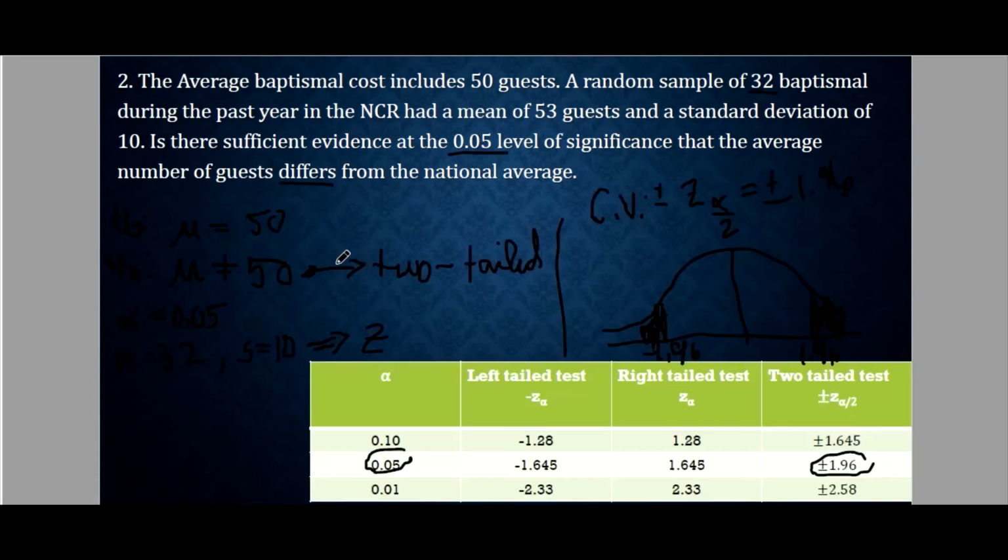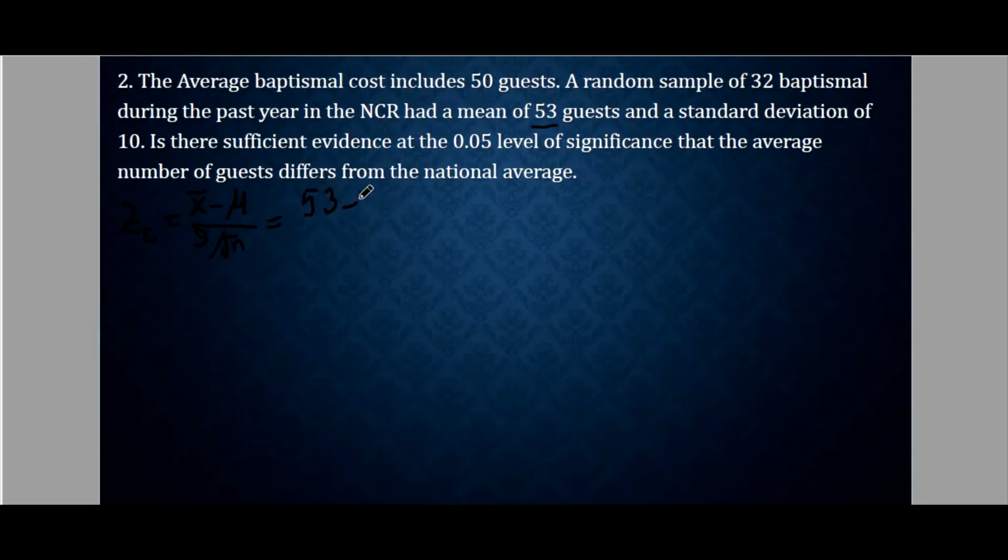And our mu that is used in the null hypothesis is 50. So minus 50, divided by our sample standard deviation, 10, divided by the square root of 32. So what is this equal to? You may use your calculator. 53 minus 50 divided by 10 divided by the square root of 32. So the answer is 1.70.